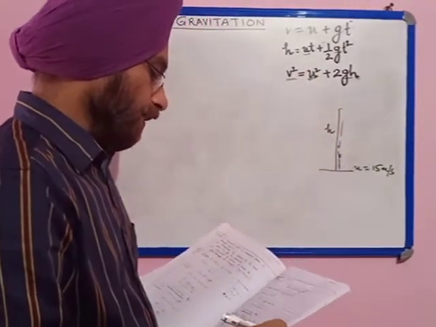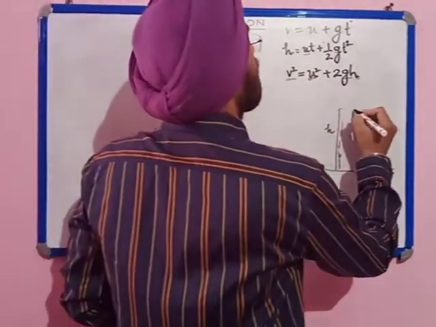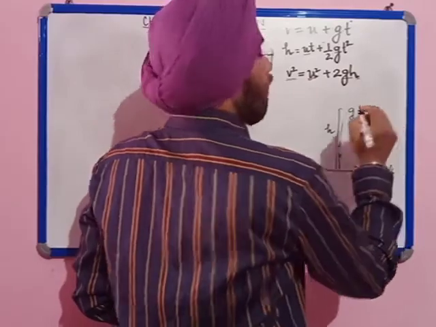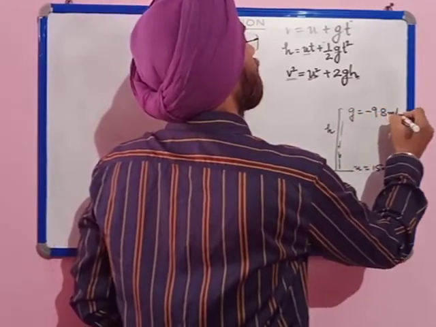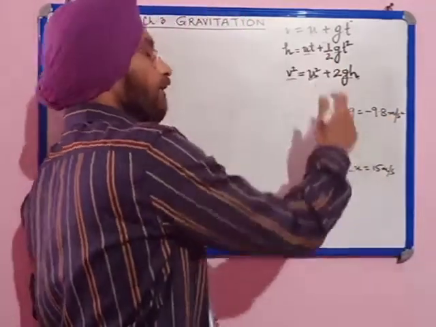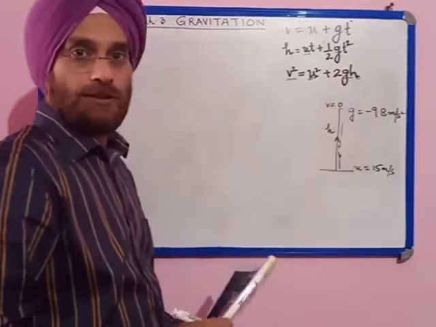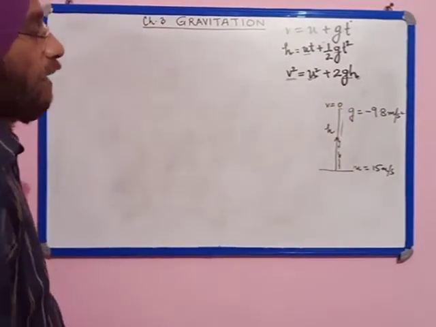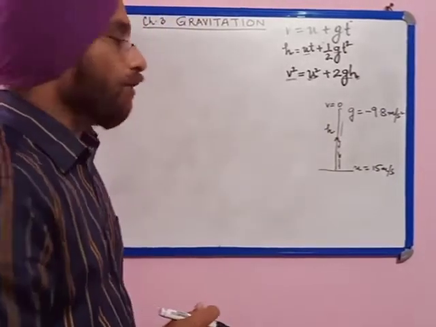Here also g is not given, so we will take g as minus 9.8 meter per second square, because the ball is thrown vertically upward, and here the final velocity will be 0. Now time is not given here. Now we will decide which equation is to be used.